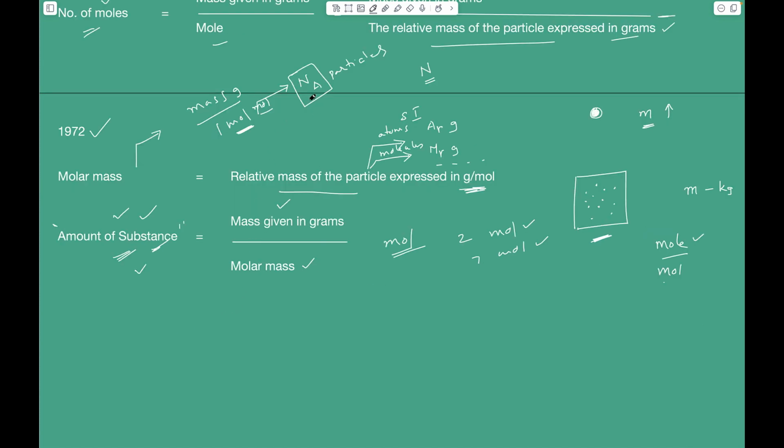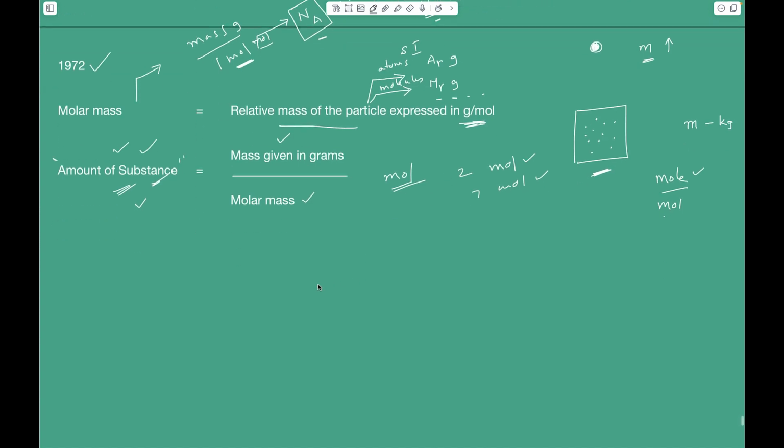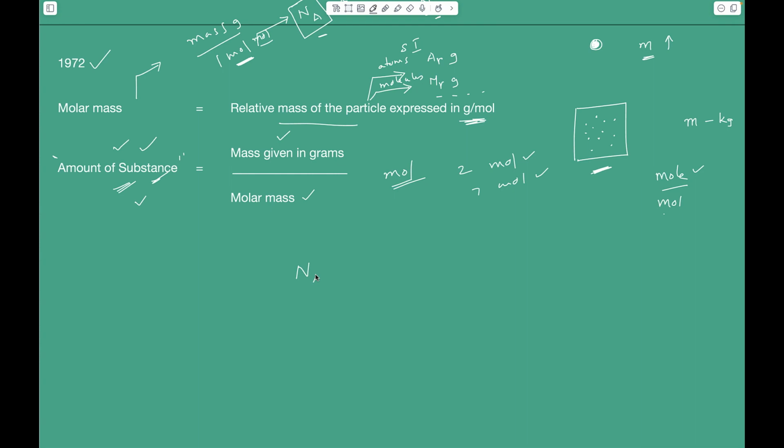By the way, what is the difference between Avogadro's constant and Avogadro's number? Avogadro's constant and Avogadro's number are numerically equal. But the difference is that Avogadro's constant has the unit per mole. So Na, that is Avogadro's constant, is equal to Avogadro's number expressed in the unit per mole.